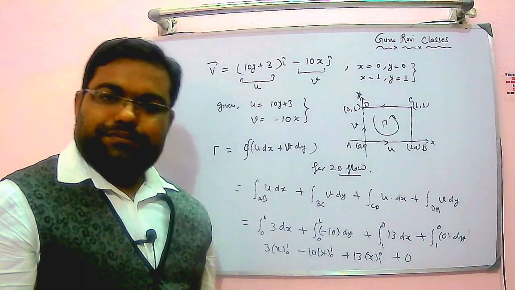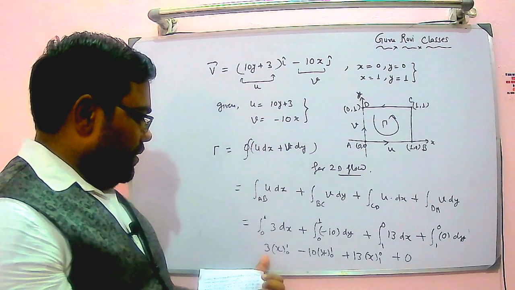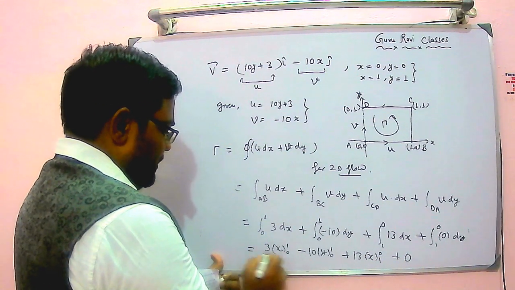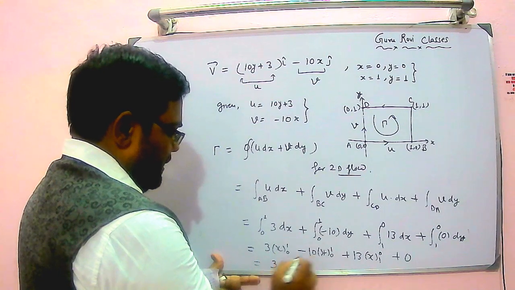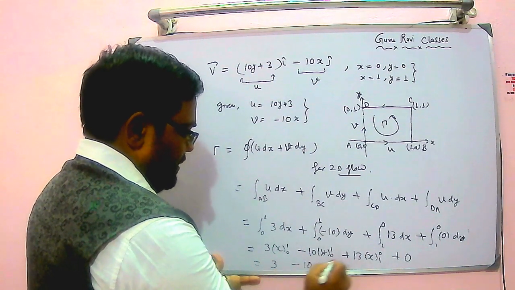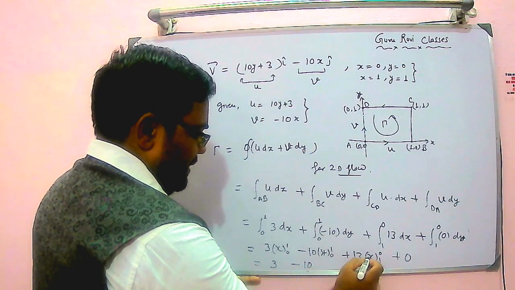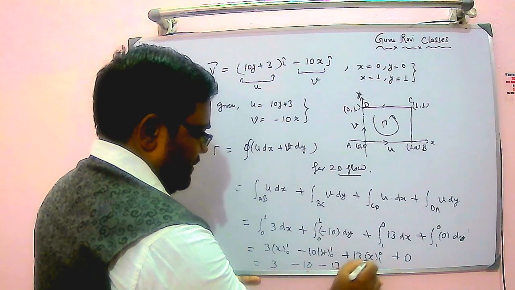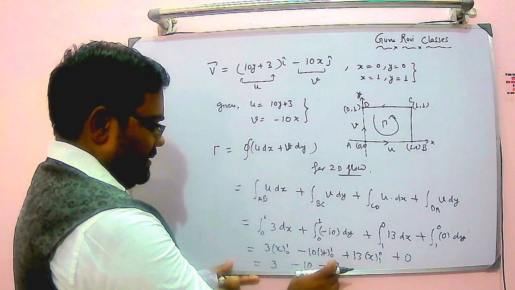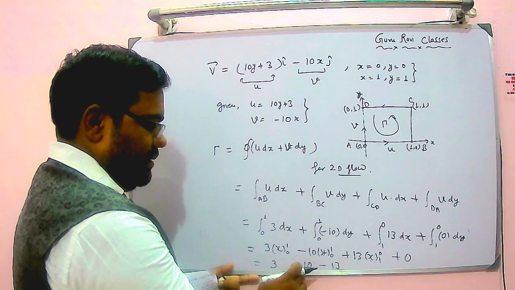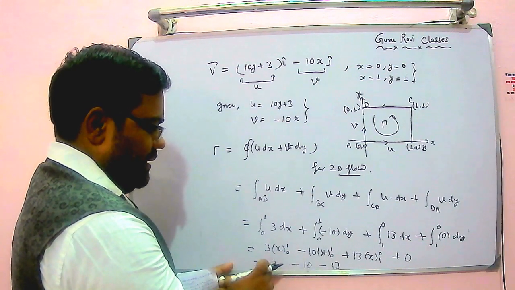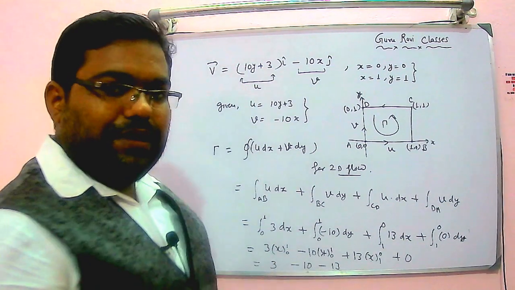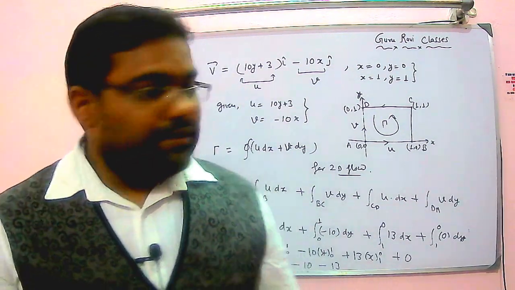There is no meaning to it. So if we solve this, this will give just simply 3, right? This is becoming 10, and this is becoming basically minus 13. So if you add this, this becomes 23 and plus 3. So I can get minus 12, right?